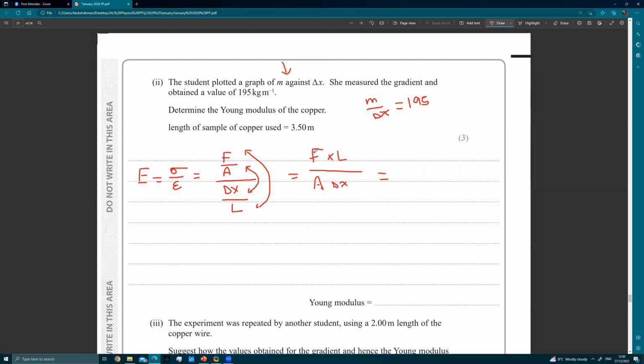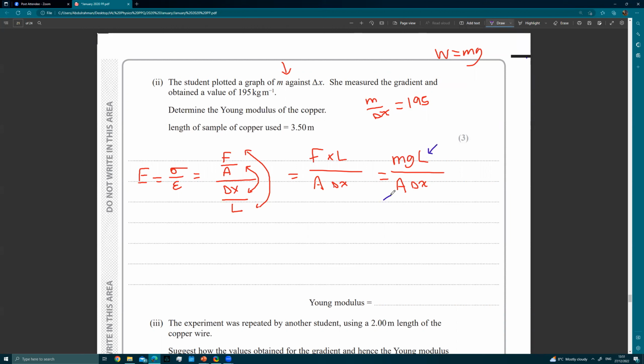What I can see in this fraction is that we don't know what the mass is, and we don't know what the extension is. We do know what the length is, we do know what the area is, and we do know what g is, just 9.81, but we don't know the mass, and we don't know the extension. However, we do know that mass over the extension, which is the gradient, is 195.